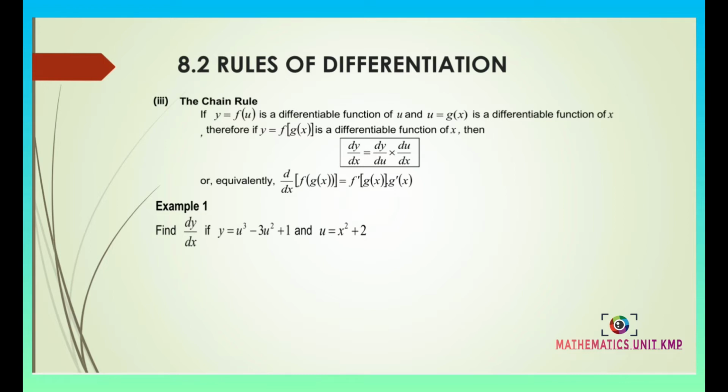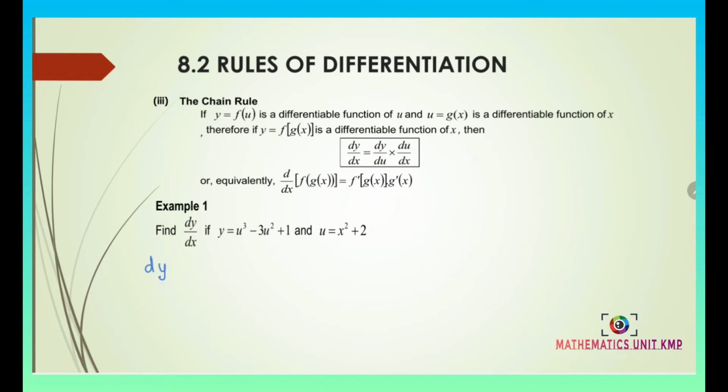Now, we look at the first example, how to find dy/dx if we have a function of u and a function of x. Here we have y in terms of u, so we differentiate y with respect to u.